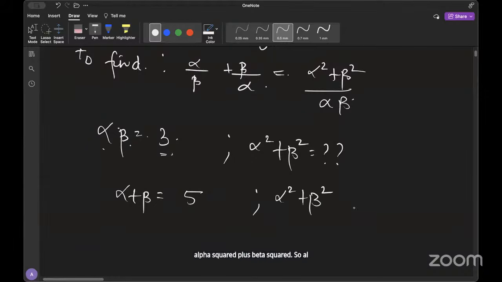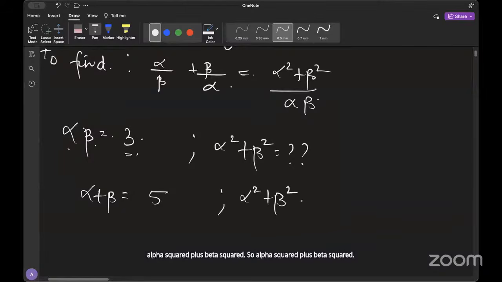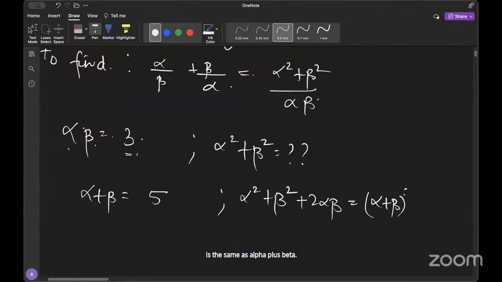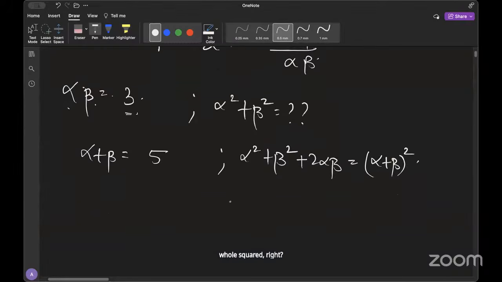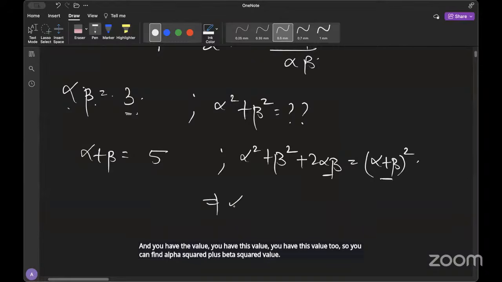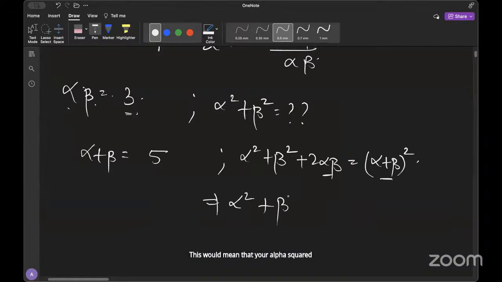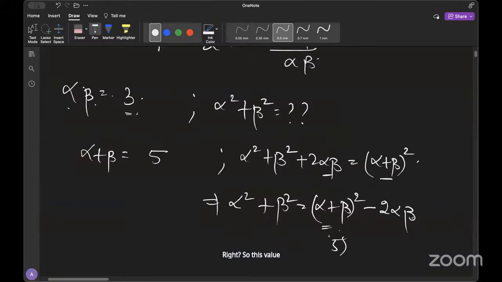We know alpha square plus beta square plus 2 alpha beta is the same as alpha plus beta whole squared, right? You have this value and this value too, so you can find alpha square plus beta square. This would mean that alpha square plus beta square should be equal to alpha plus beta squared minus 2 alpha beta, right? So this value is 5 square.